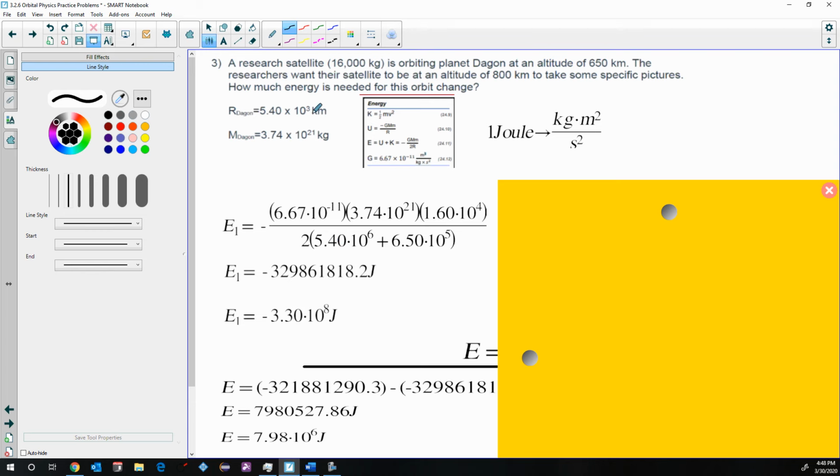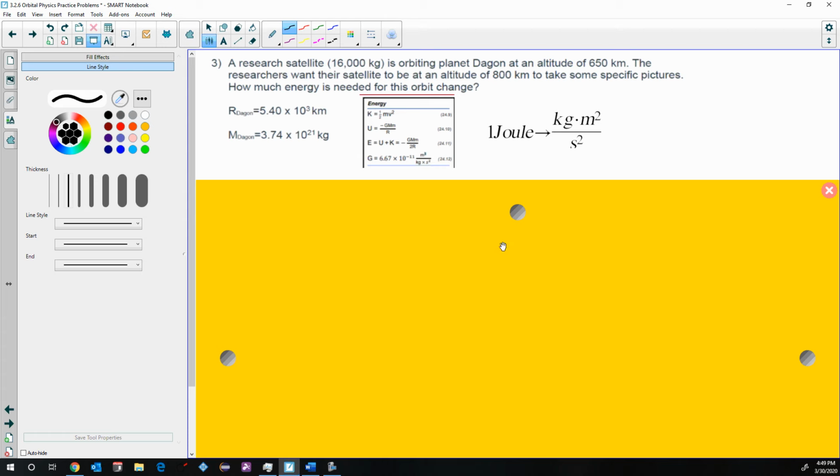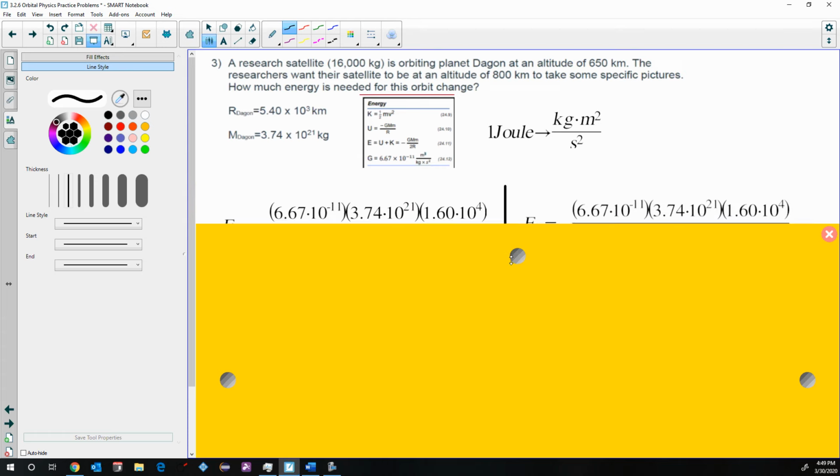Again, it has to be in meters, not kilometers, so I'm going to change that. And then 6.5 times 10 to the fifth, right? My altitude was 650 kilometers, so I need that to be in meters as well. When we divide that out, we end up with negative 3.2986118, and that just turns into negative 3.30 times 10 to the eighth joules. That becomes our total energy for the first one.